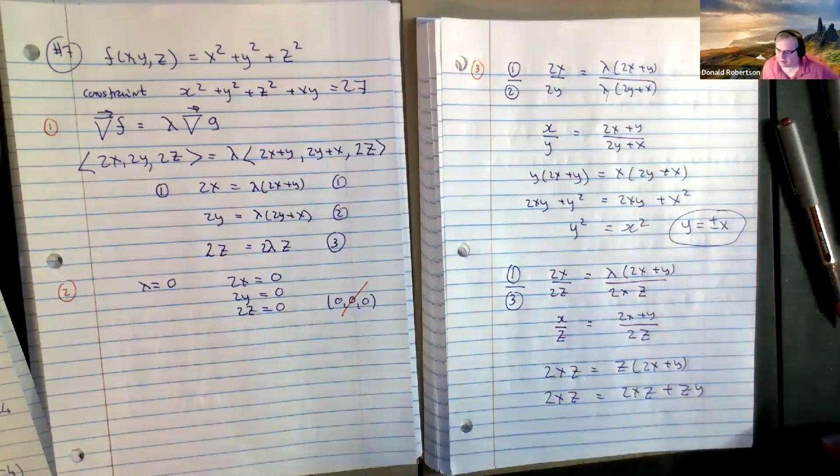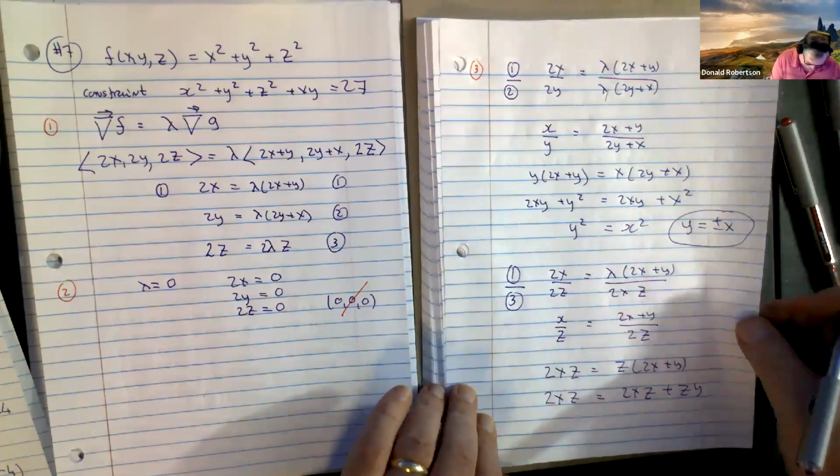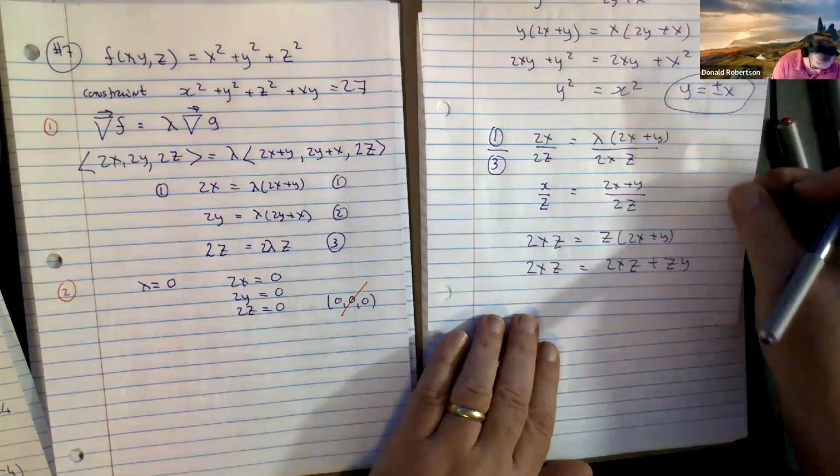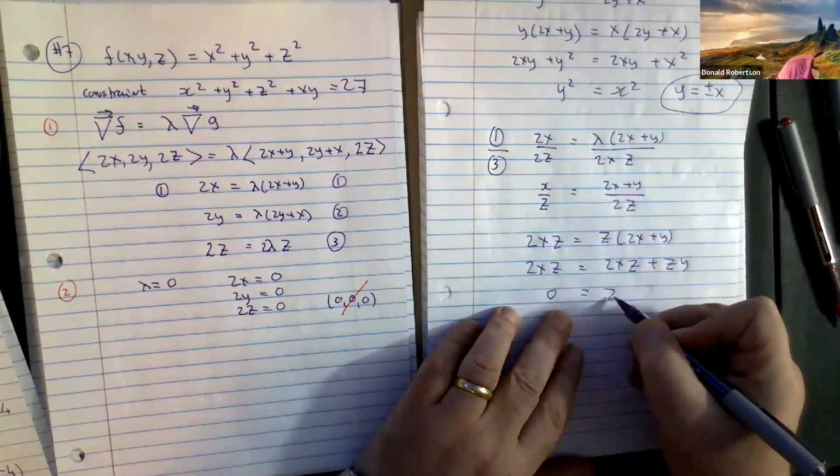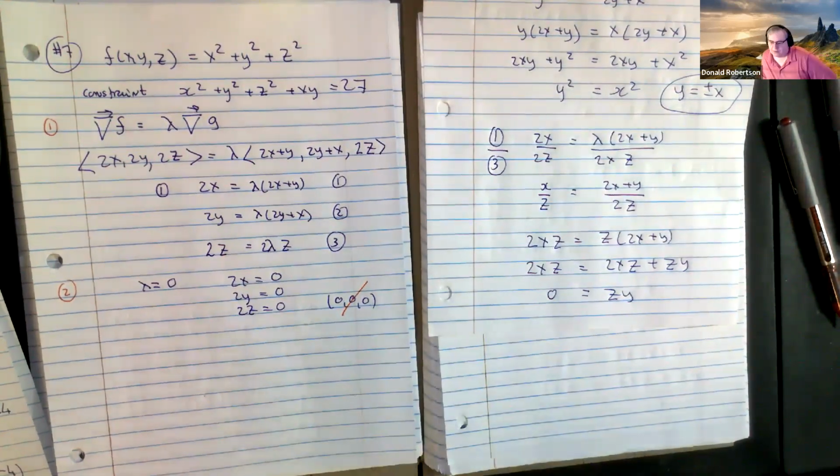How are we doing so far? Now, those guys die, and we are left with 0 equals zy. It's a little bit different than normal.